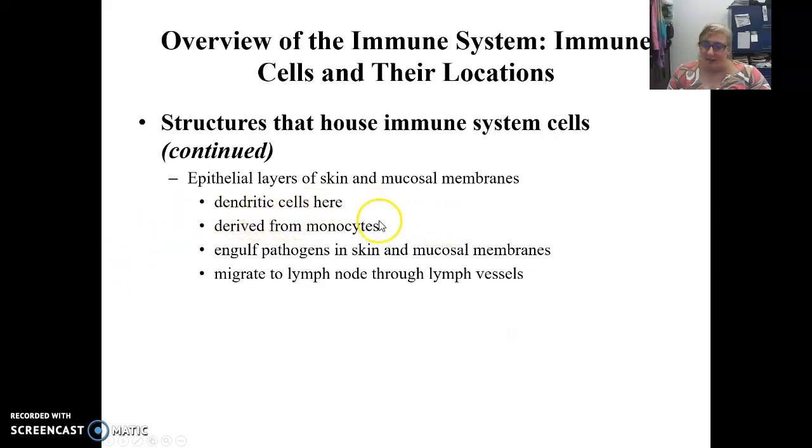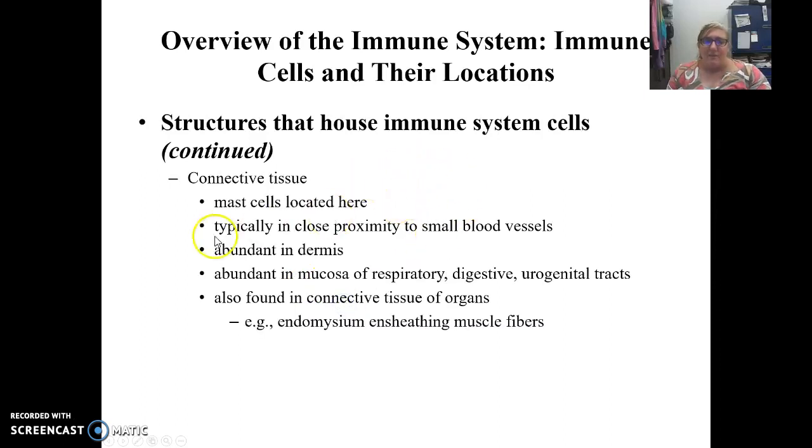I just talked about the dendritic cells that are found in the epithelium, so I'm not going to cover this again, okay? We also have, in connective tissue, mast cells. And mast cells produce chemicals that help to decrease the thickness of blood. So they produce a chemical called heparin, and they also produce histamine.